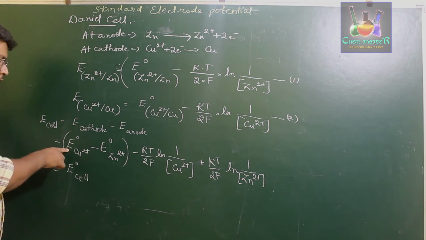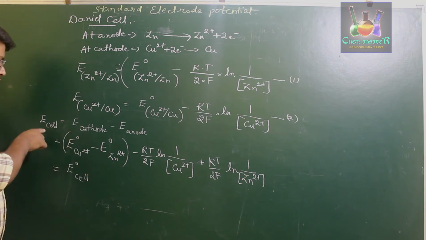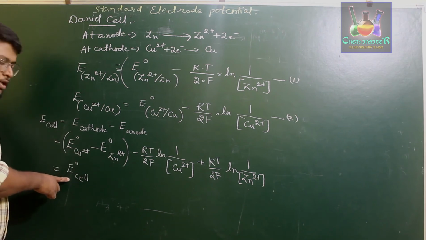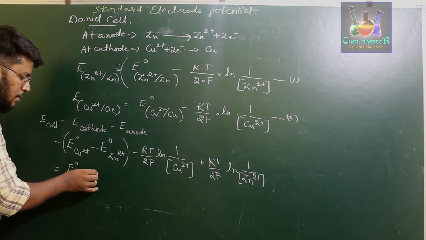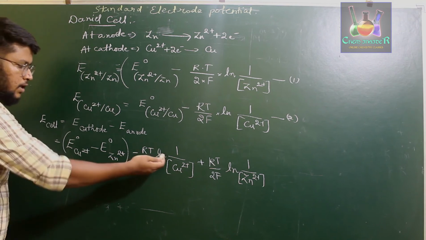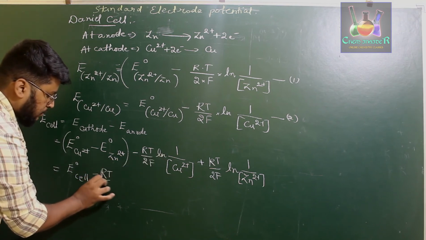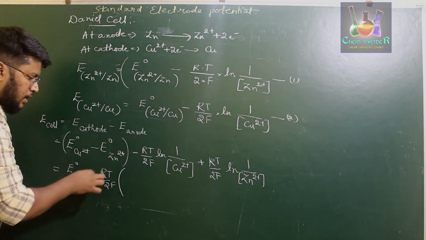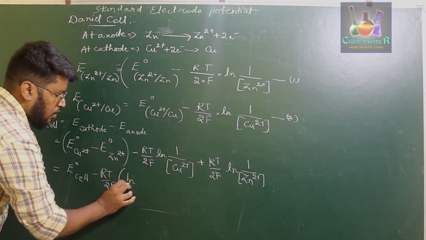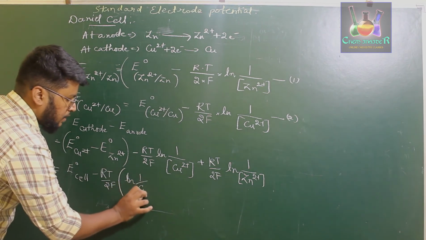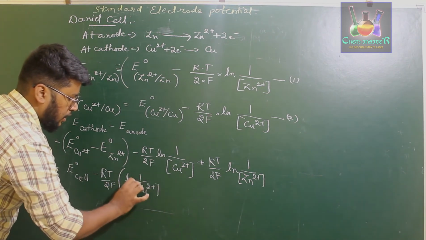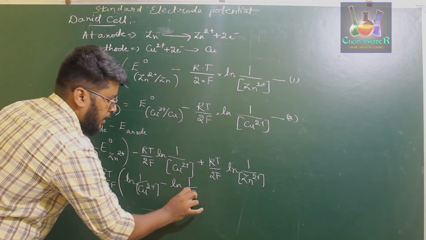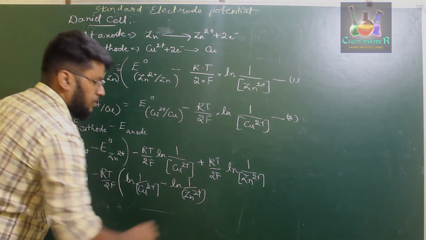So on subtracting these two, we will get the standard electrode potential of the cell. E cathode minus E anode is E cell. E naught of cathode minus E naught of anode is E naught of the cell. So this will be E naught of the cell minus, taking RT by 2F common, we have taken minus also, so there will be plus on this side, ln of 1 by Cu2+ ion concentration minus ln of 1 by Zn2+ ion concentration.